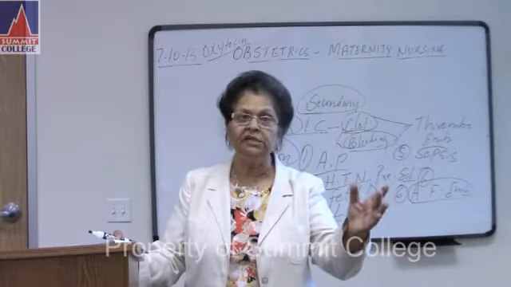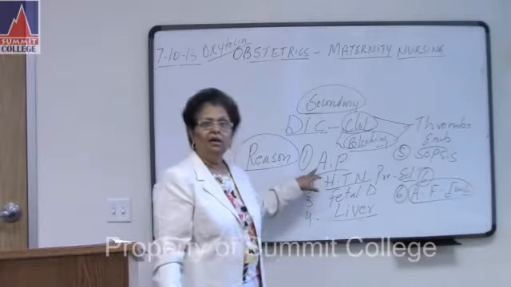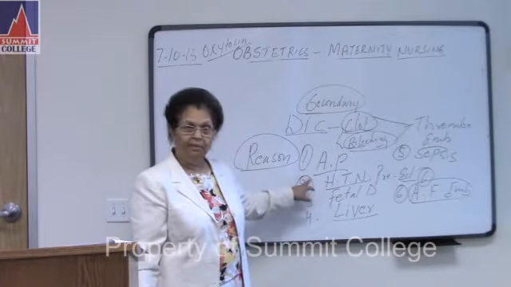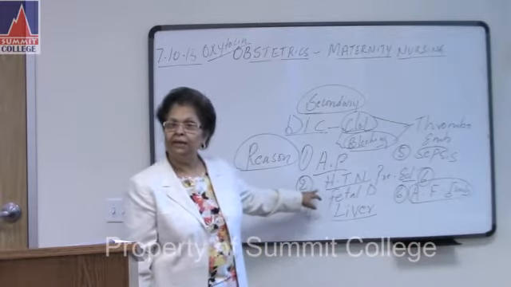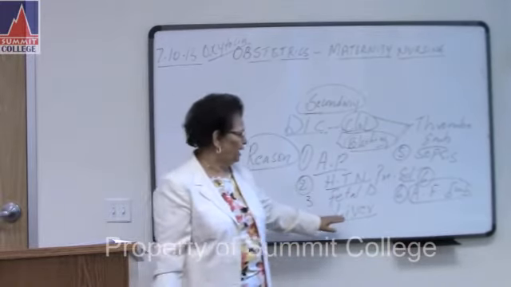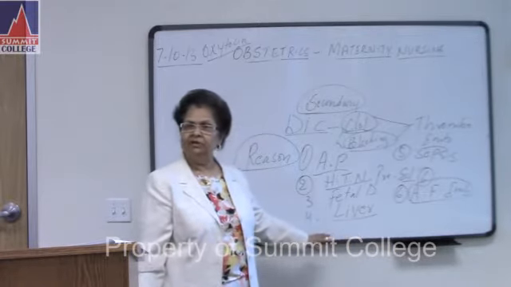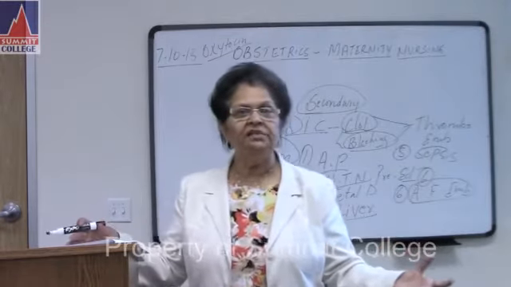Everyone should know three reasons. What are those very important three reasons? Number one is abruptio placenta. Number two, remember hypertension or a preeclampsia mother. Number three, we all should know liver disease. Any mother who has liver disease. Baby died, a fetal death.